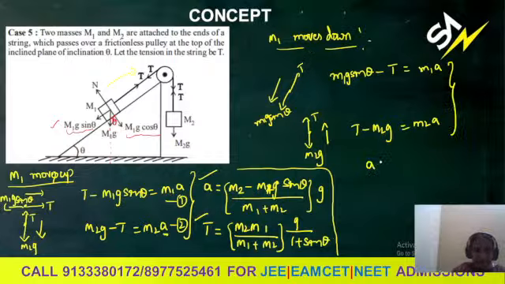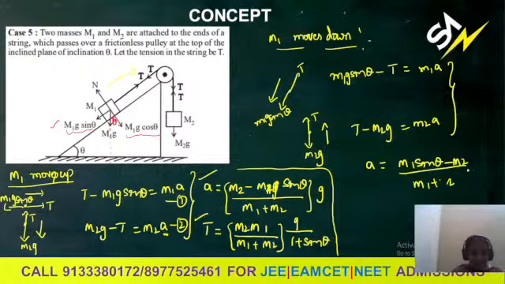Acceleration will be, just by this note, when it is moving up, it is M2 minus M1 sin theta. When it moves down, it is M1 sin theta minus M2 by M1 plus M2 into G.